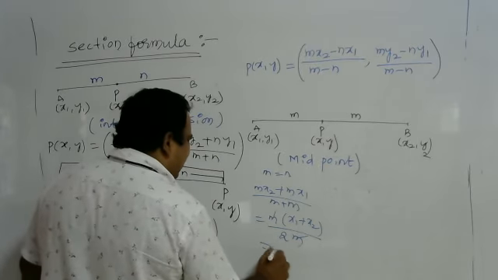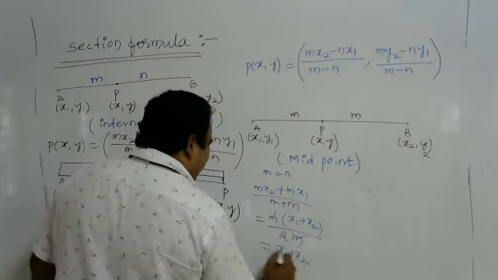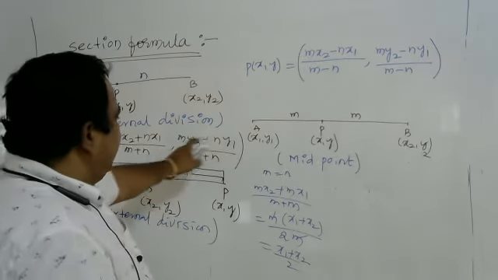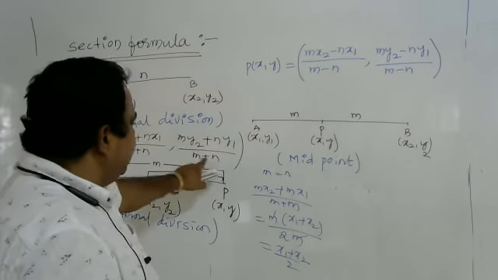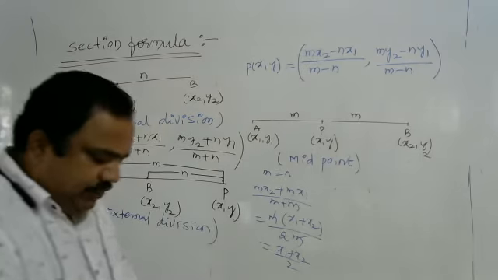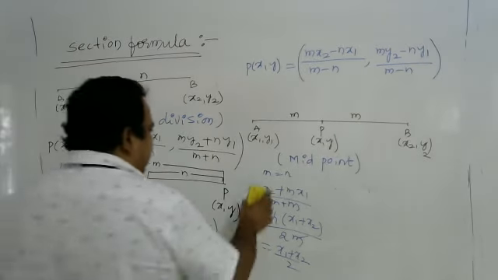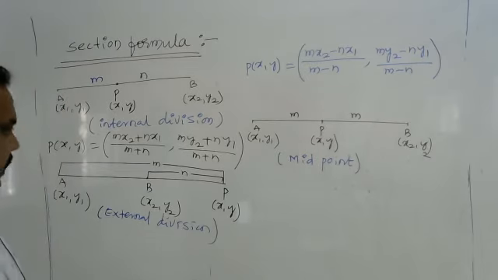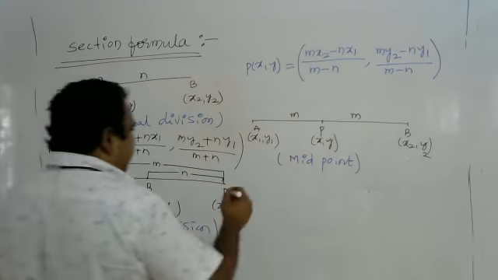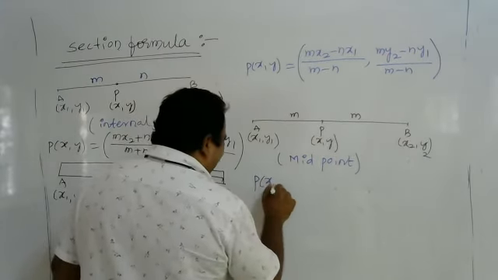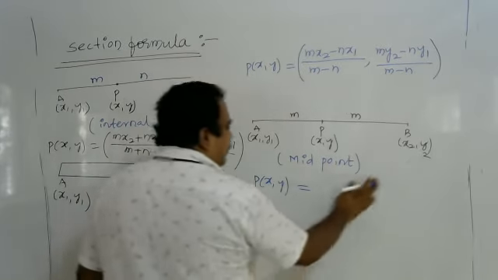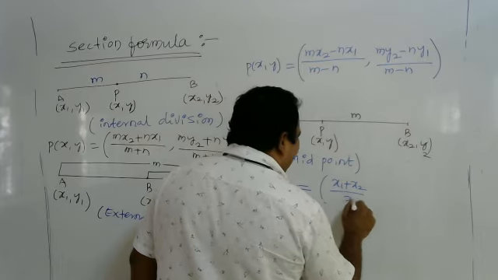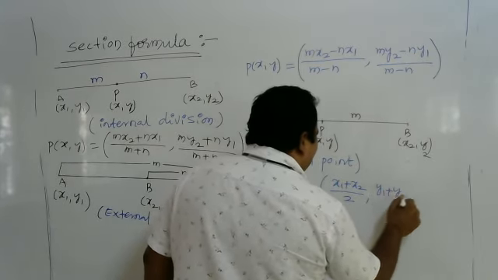So m getting cancelled, x1 plus x2 by 2. Similarly, the second point same, m equal to n, m will be common, m plus m is 2m. So there also we are going to get y1 plus y2 by 2. So here the point is given as P of x comma y. So this point should be x1 plus x2 divided by 2, y1 plus y2 divided by 2.